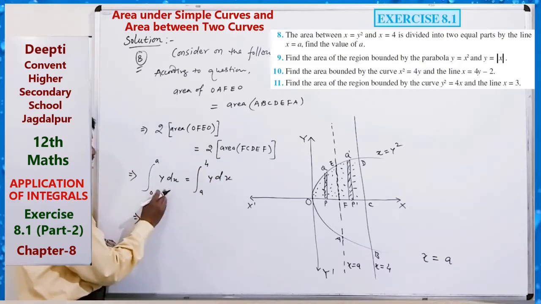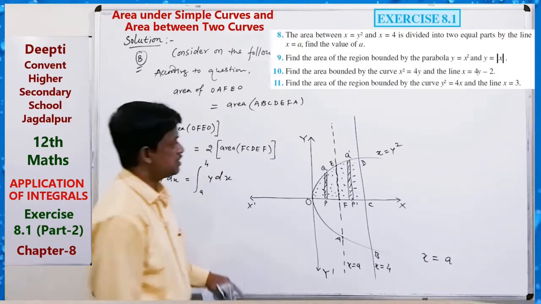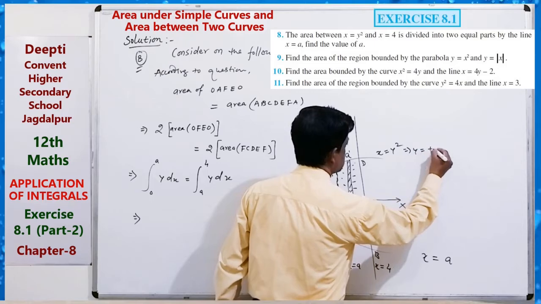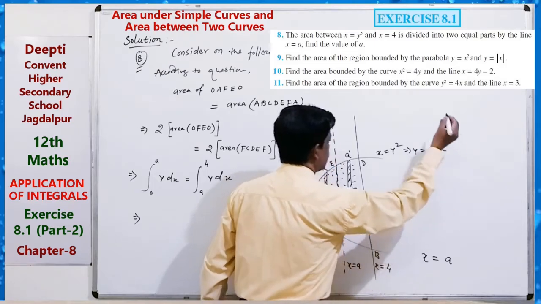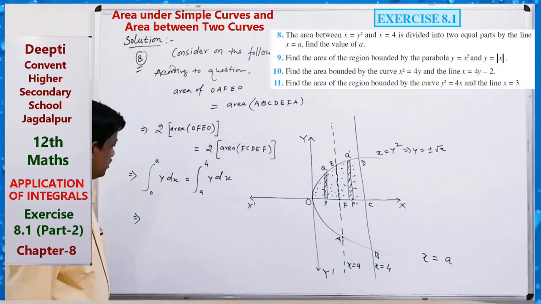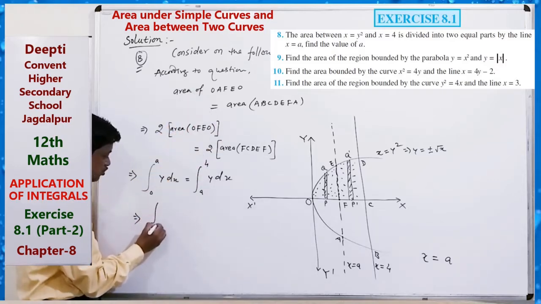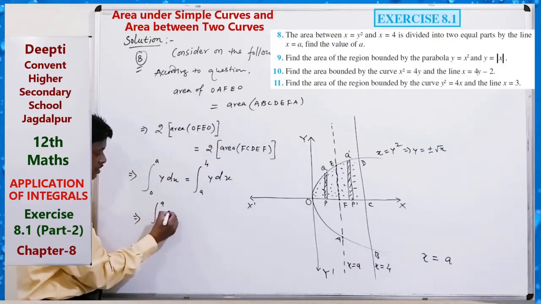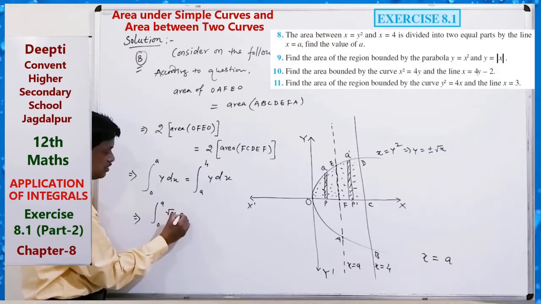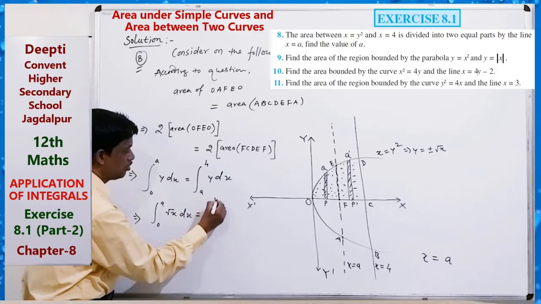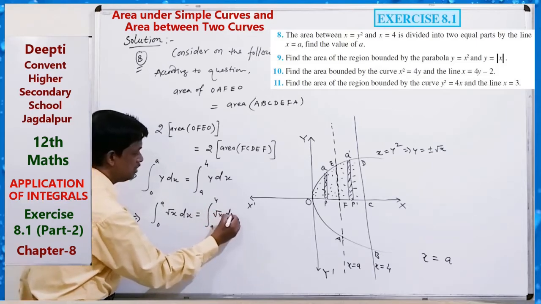Here y equals plus or minus root x. On the upper side it is the plus value. So the integral from 0 to a of root x dx equals the integral from a to 4 of root x dx.